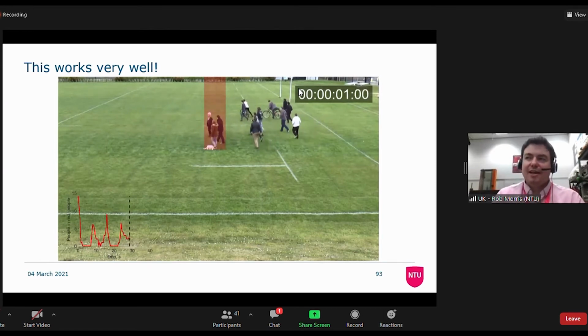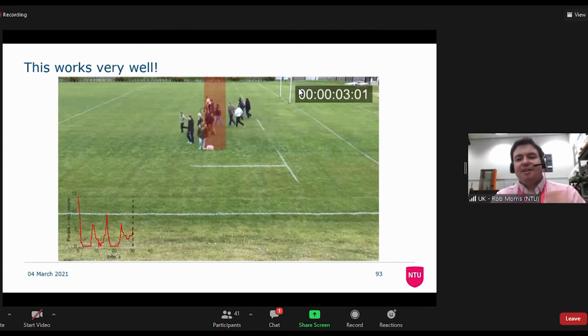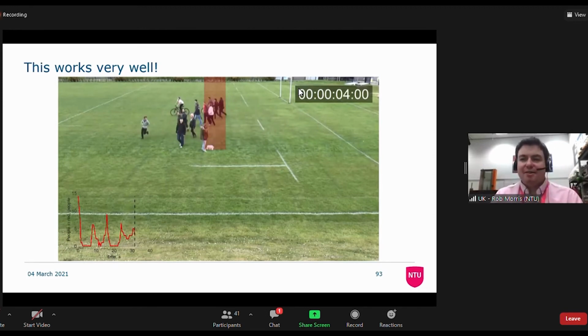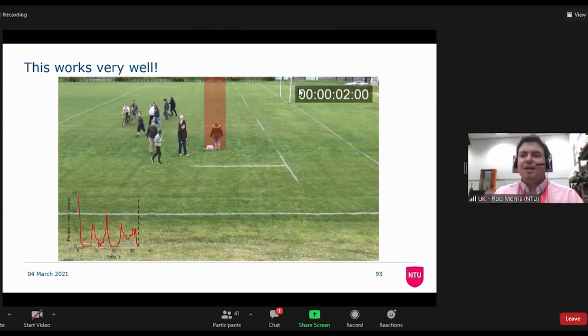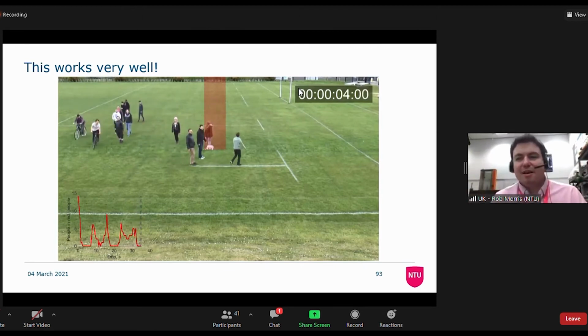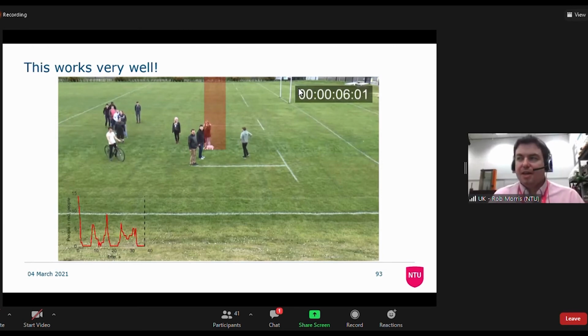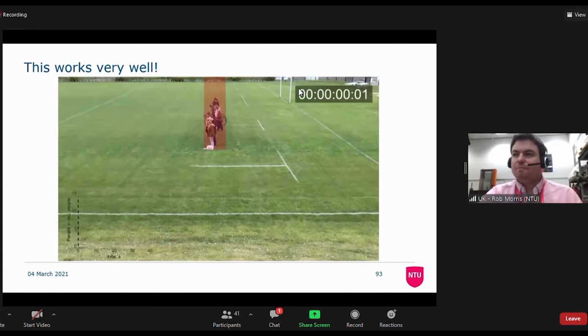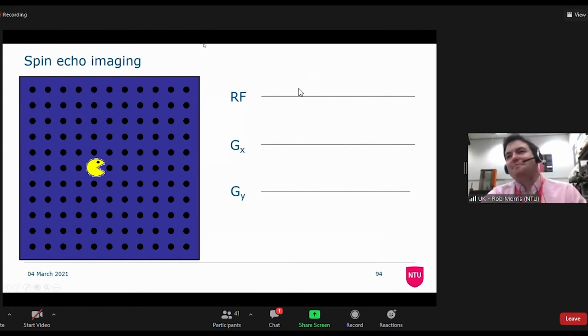So actually, almost all pulse sequences are considered to be the gradient echo, because a gradient has said you need to come back now because I want an echo, or because an RF pulse has come back and said I want an echo. So we're going to have a quick look now at our spin echo sequences, because they do something which is slightly different, which is the last bit of the puzzle that we need to do whatever pulse sequence we want. So here comes Pac-Man again.